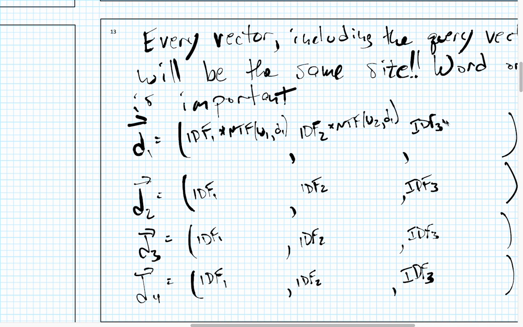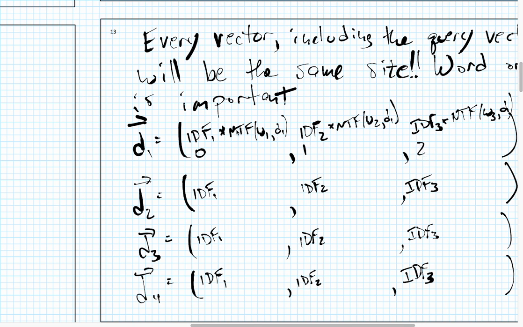And this over here is going to be times the normalized term frequency of W3, comma, D1. Okay? So first of all, remember, this was a 0, this was a 1, this was a 2.